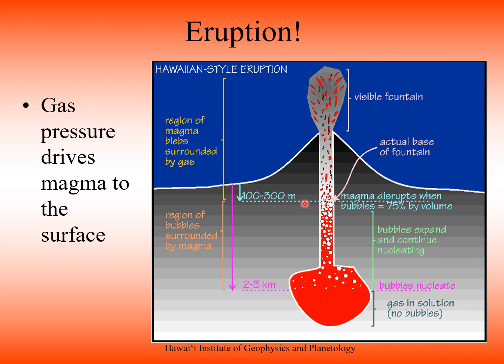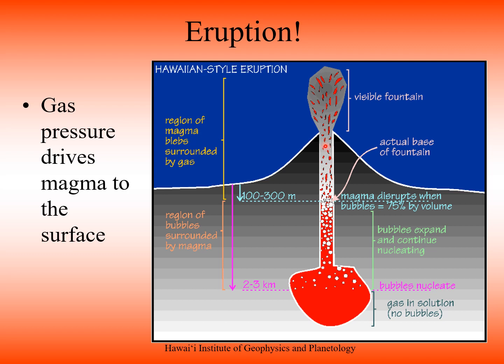Then when you get to about 100 to 300 meters, the bubbles become about 75% of the magma by volume. And that's about where you get to the base of the fountain here, right? This is when the pressure of the gas is really starting to drive the upward motion of the magma. And at some point up here, right before it erupts, it's more gas and less magma, and the magma is in small clumps here.